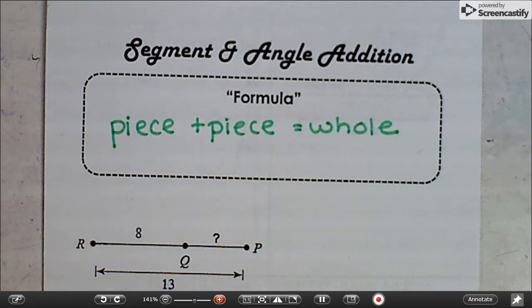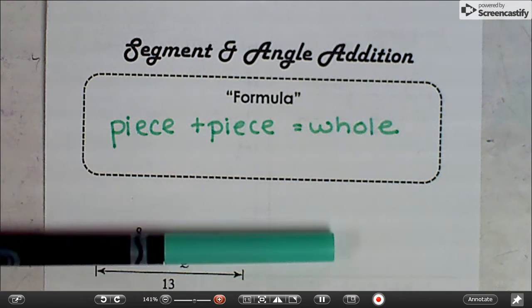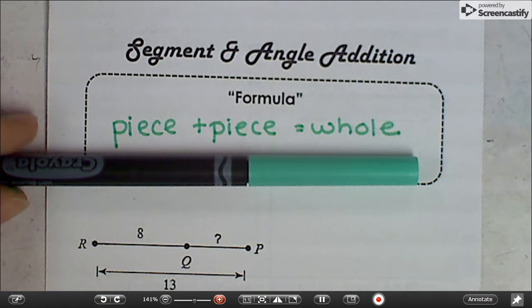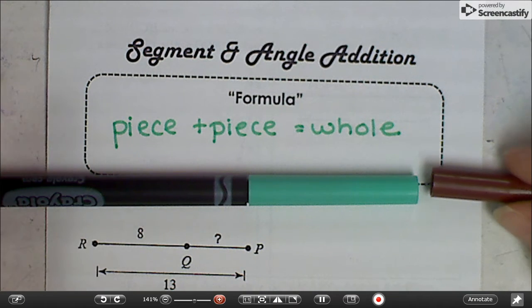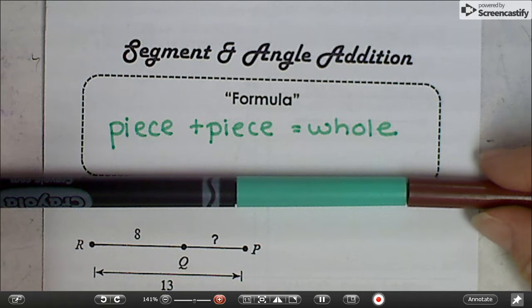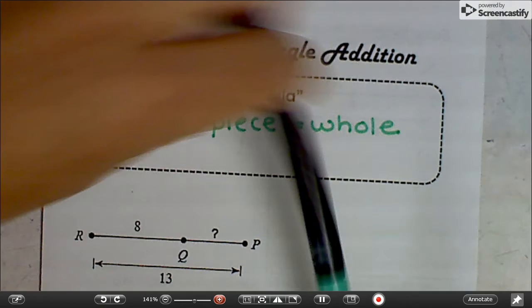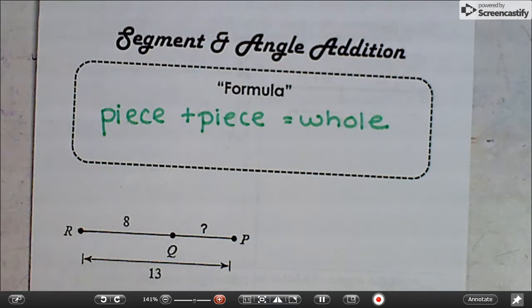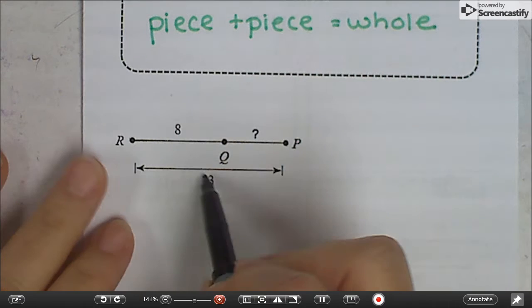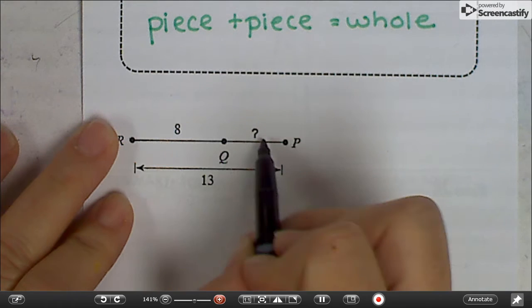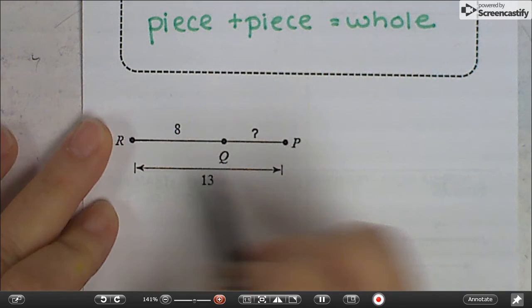If I take my pen, this segment, and then I add to it another segment, that's the whole thing. Okay, now we have this really long whole segment. So if you think about it, when you look at this first example, we would know that 8 plus whatever this is has to be 13.